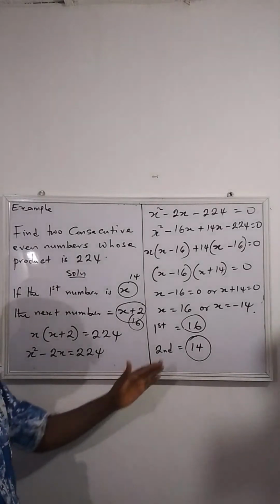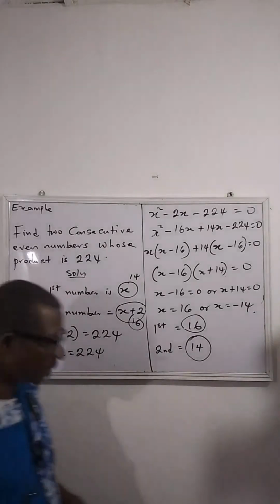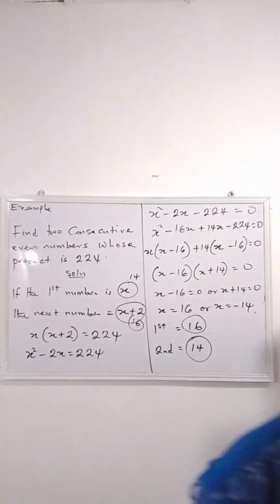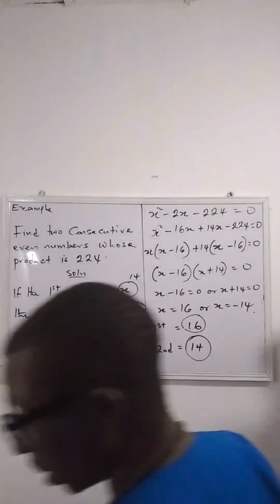So that is the answer to that problem. The answers are 16 and 14, the two consecutive numbers. All right, so that is good.